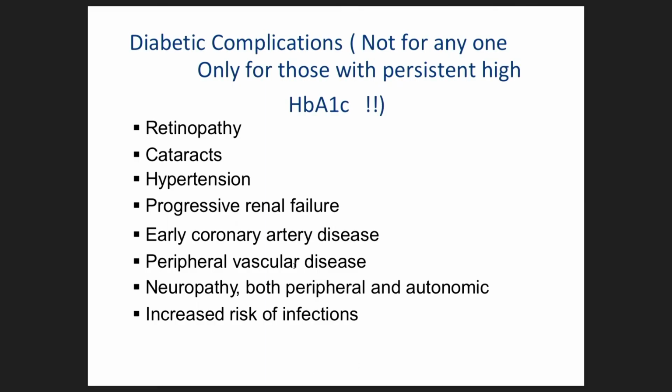When we come to diabetes complications, as you can see between two brackets, they are not for everyone, only for those with persistently high hemoglobin A1C. This is the message we should give our patients: if somebody is taking care of himself or herself, getting most of the glucose readings in range, eating a healthy diet, doing good exercise, following up with the doctors, the educator and the dietitian, inshallah, the risk of complications is very low.